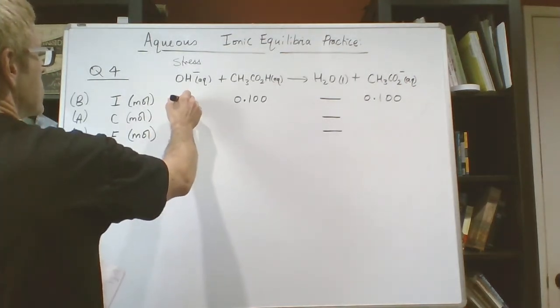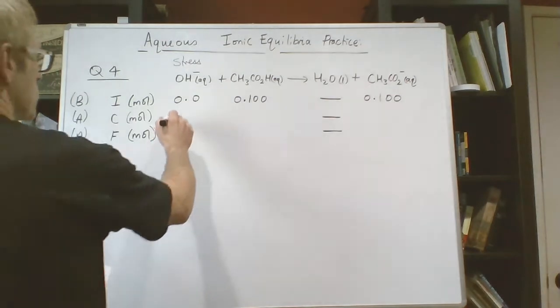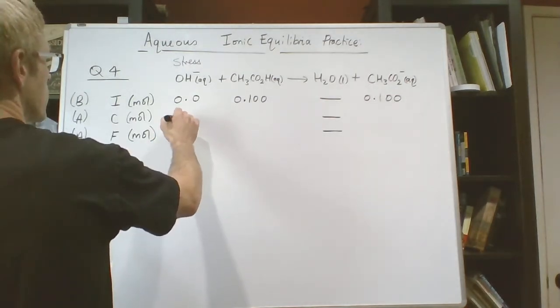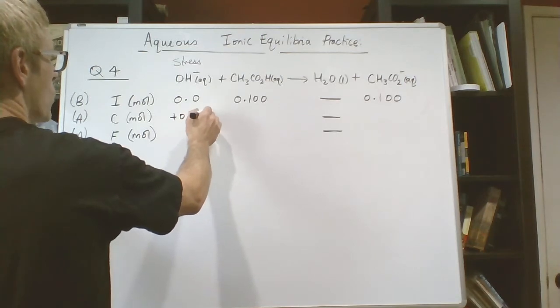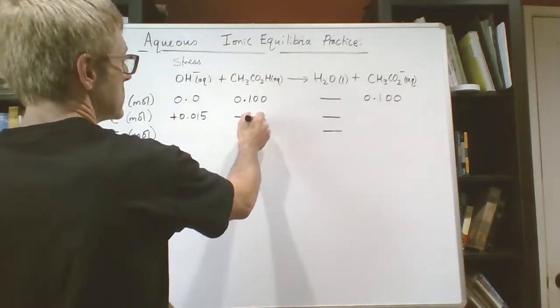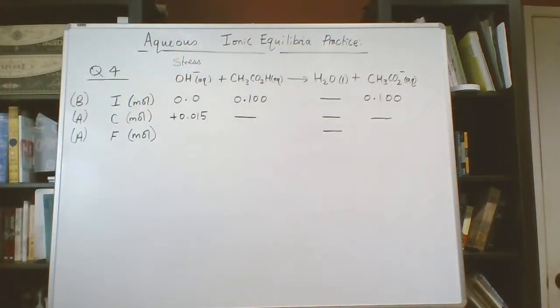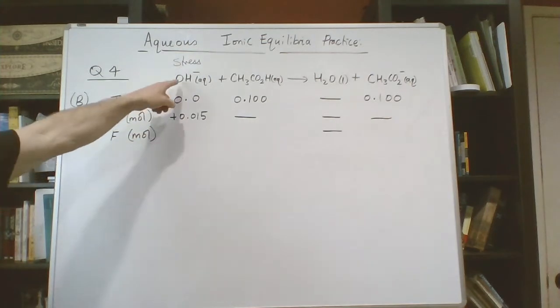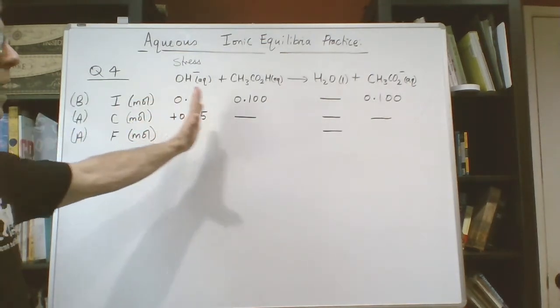So I haven't added any, and now I'm not going to do anything other than add stress. So I'm told that I've added 0.015 moles of hydroxide, and I haven't added any more buffer. Because OH minus is a strong base, it's going to push hard right.